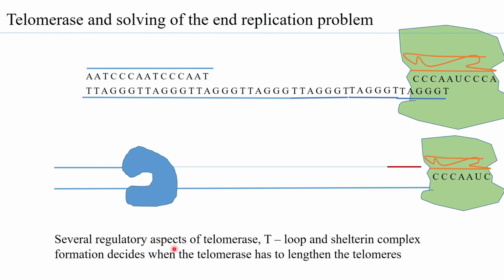So there are several regulatory aspects of telomerase, the T-loop and the Shelterin complex, that decide when the telomerase has to lengthen the telomeres. If one chromosomal DNA has been extended already, then the telomerase will not go and bind to that. Instead, it will go to a chromosomal DNA whose ends have not been extended. So that is something that is regulated.